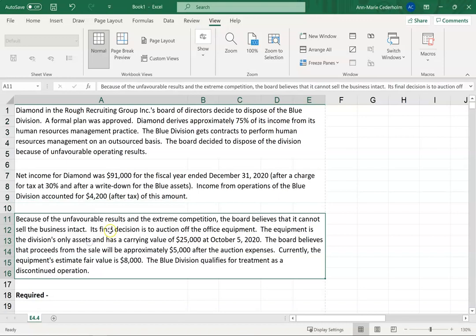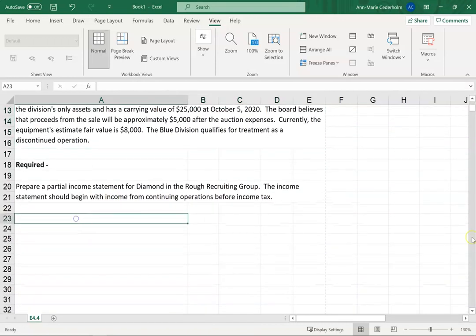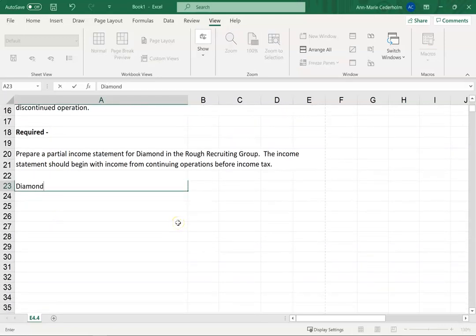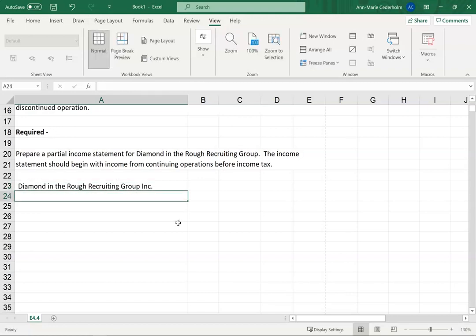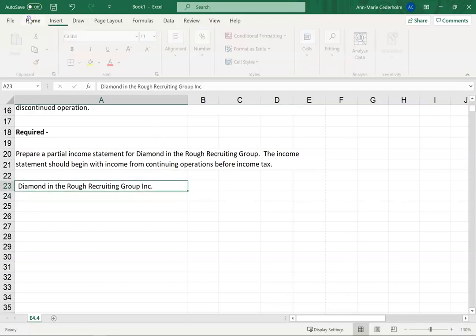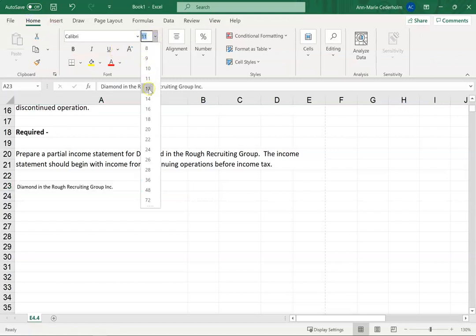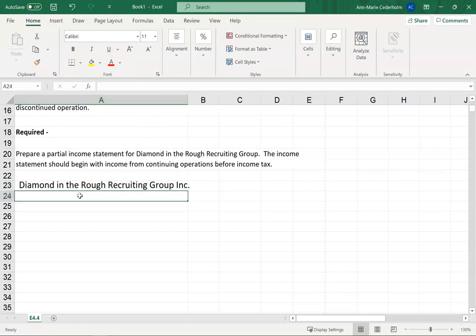Okay, so the first part that I would do is just do the template for the income statement. So we'll name the company, so Diamond in the Rough Recruiting Group Inc. And I normally just like to have the name of the company a little bit bigger than everything else.